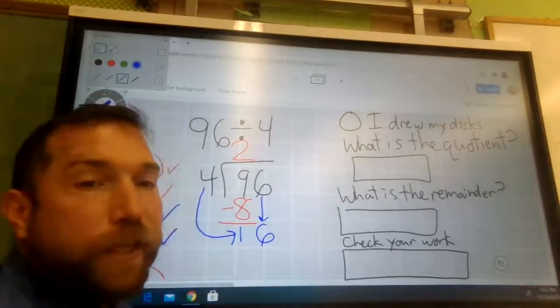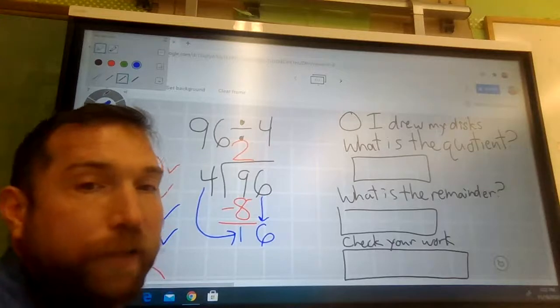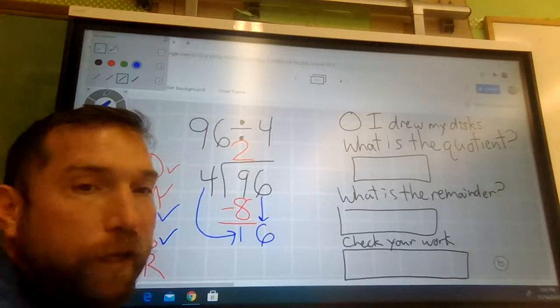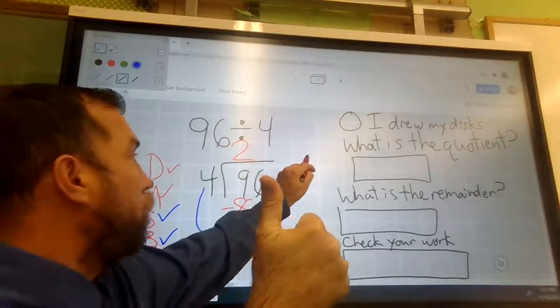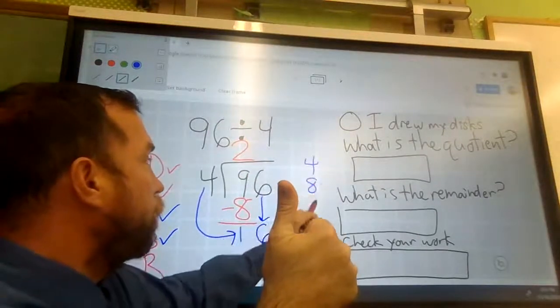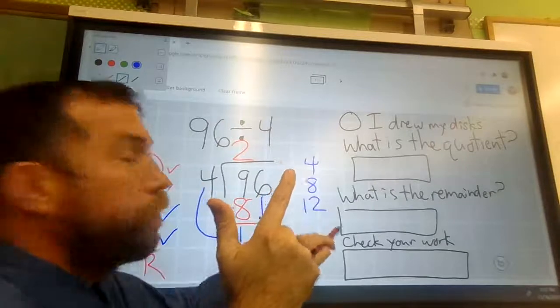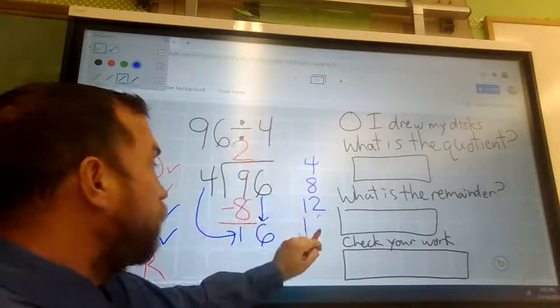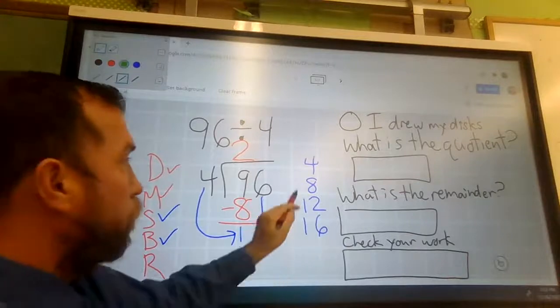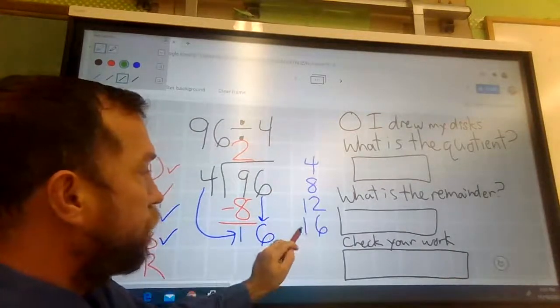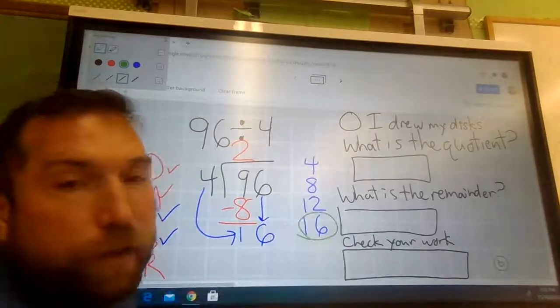And if I have 16 kids, how many teams of 4 can I make? Again, I'm thinking about my math facts again. 4, that's 1, 8, 2, 12 is 3, and 16 is 4. I got exactly to it. Okay? What I'm thinking of is groups. This I'm going to use after, but not yet.